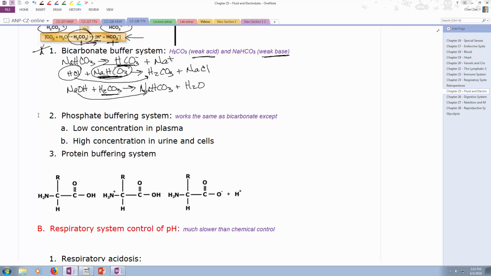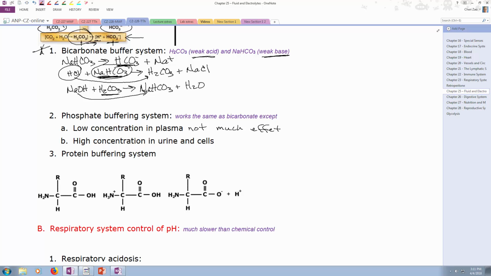Now we have another buffering system called the phosphate buffering system. Works very similar as the bicarbonate. However, there's a problem here. We have low concentration in the plasma, so not much effect here. So it's not a very important buffering system for us, in other words, for the bloodstream and blood pH.